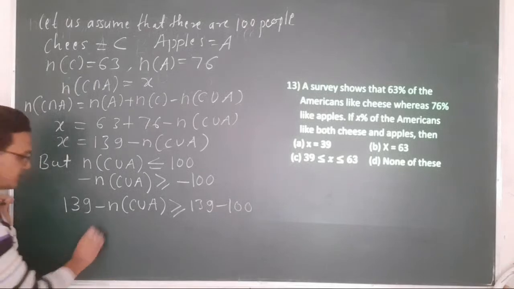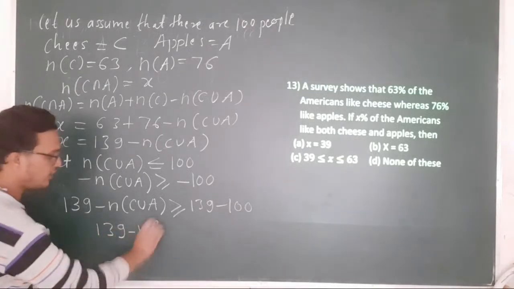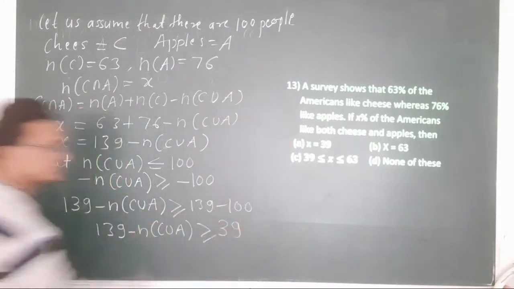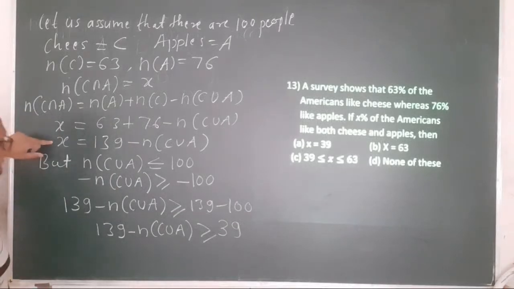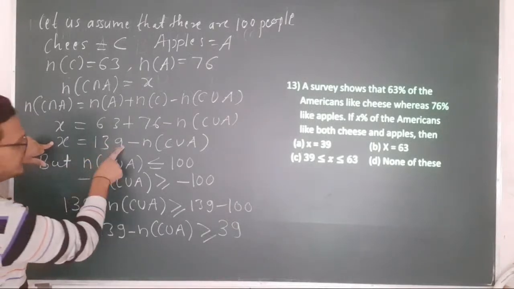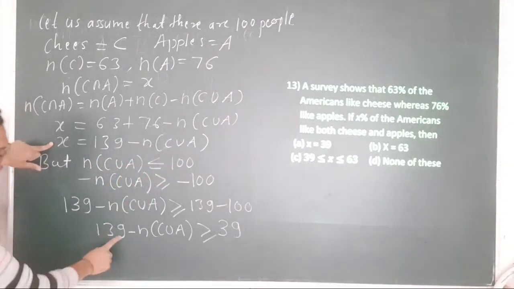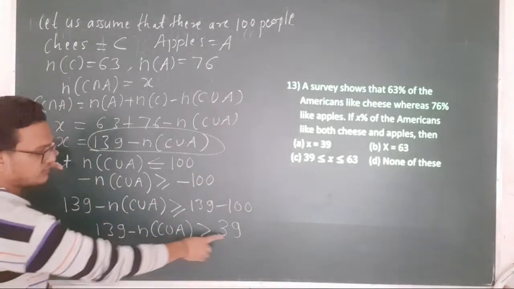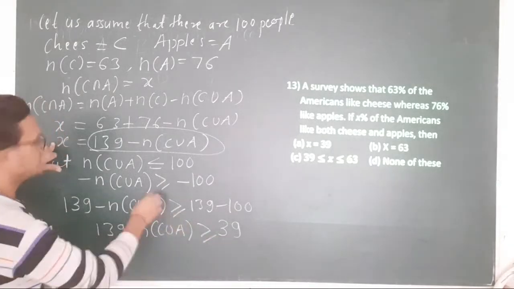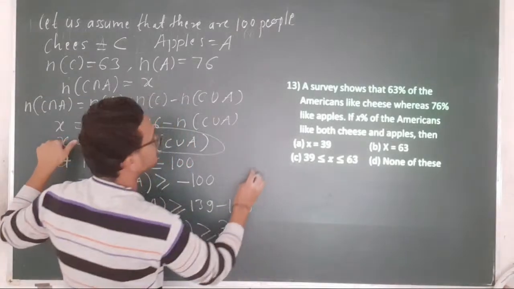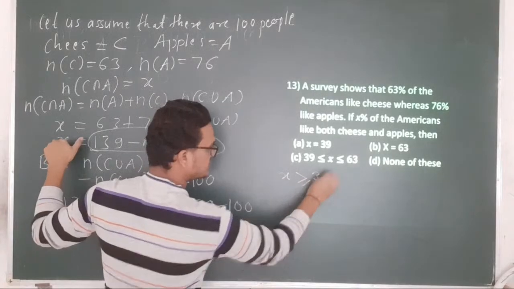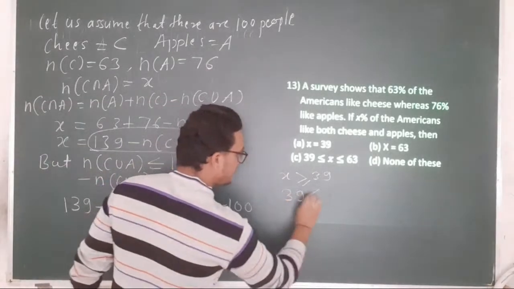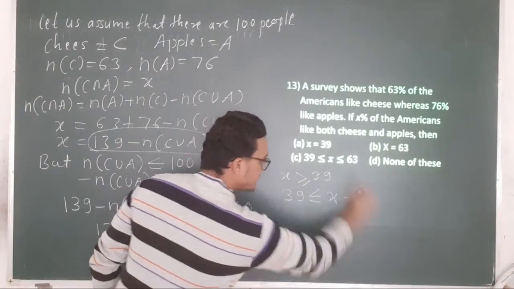So 139 minus n of C union A is greater than or equal to 139 minus 100, which is 39. So 139 minus n of C union A is replaced with 39, and I will write X is greater than or equal to 39, or this can be written as 39 is less than or equal to X. Let us call this equation 1.